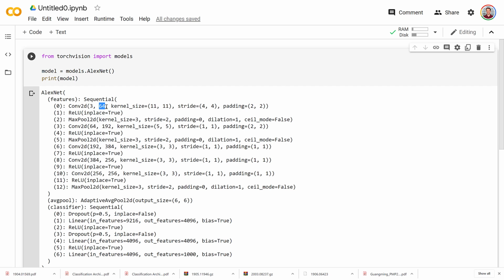The output number of channels is 64. Then we have a ReLU activation function, and afterwards a max pooling layer, max pool 2D. Again, we have a kernel size 3 that maybe is a bit unusual, and stride 2.